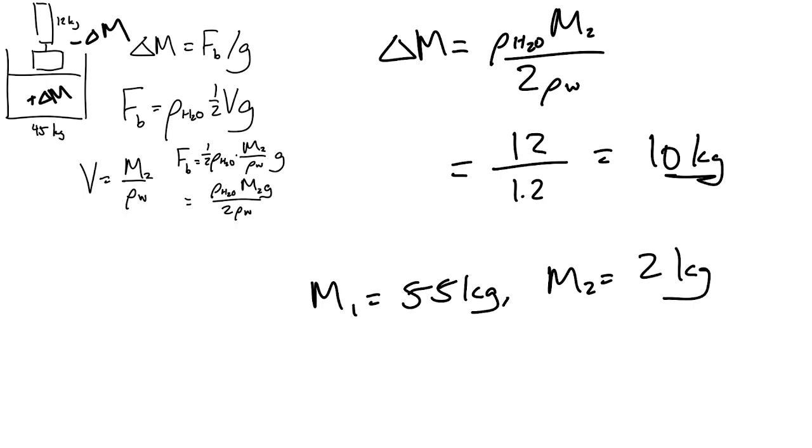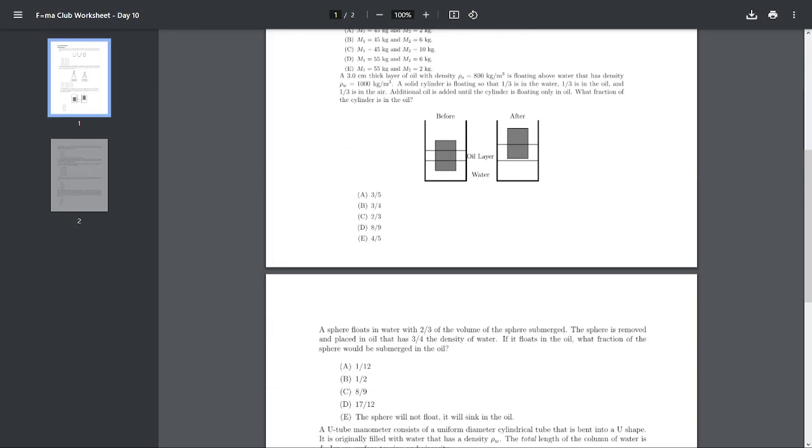So, give me just one moment to double check everything. Yeah, okay, so it's E. I wrote it down wrong. But yeah, let's go back here, go to our worksheet, and we can start working on problem 3.